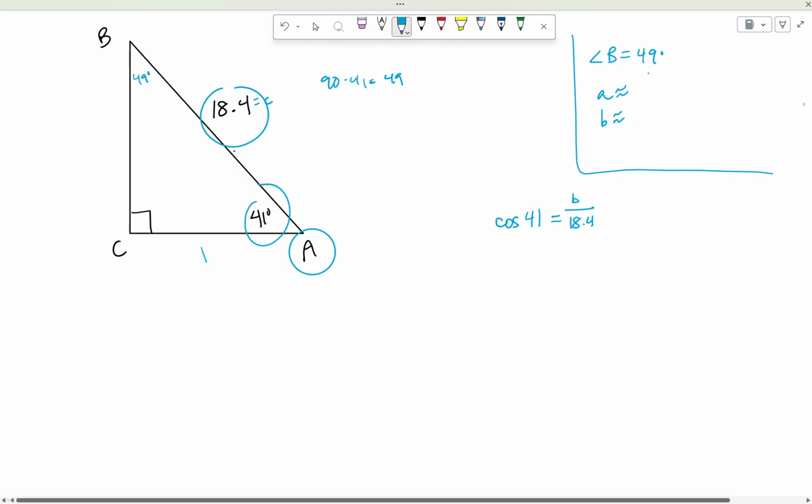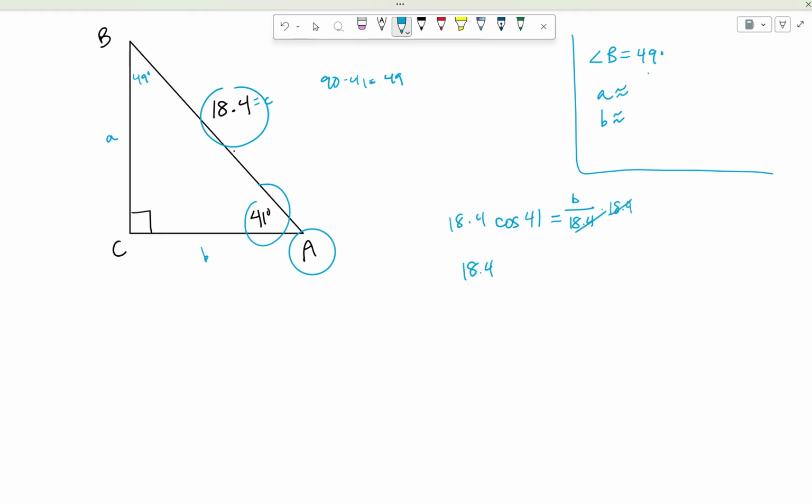Because remember, this guy's lowercase b, and this guy's lowercase a, opposite capital A, and this guy's opposite capital B. So then we solve. I'm going to multiply both sides by 18.4. So I have 18.4 times the cosine of 41 is equal to lowercase b.